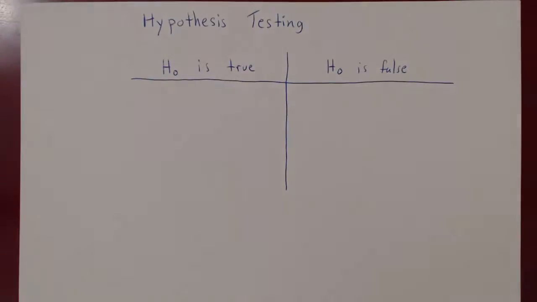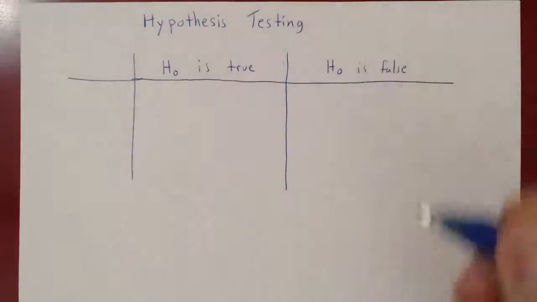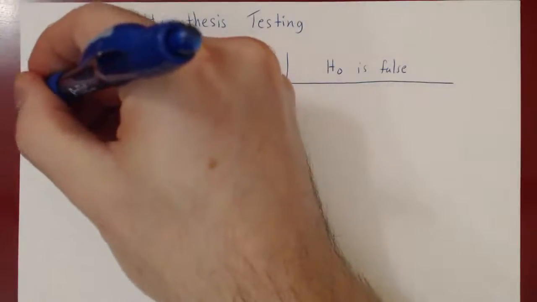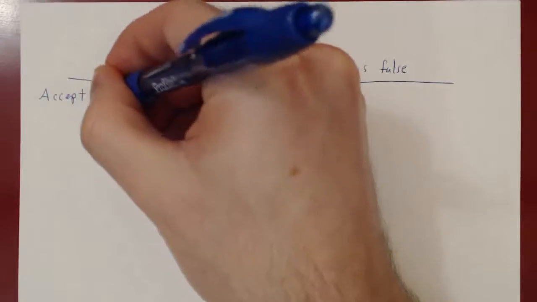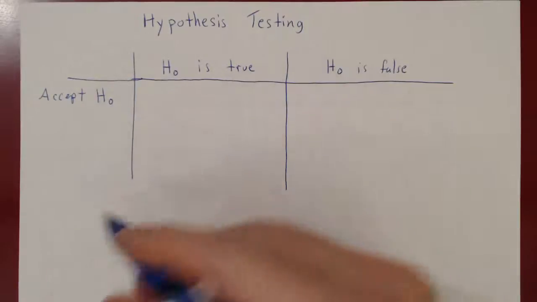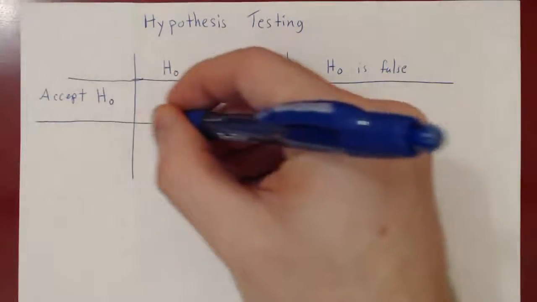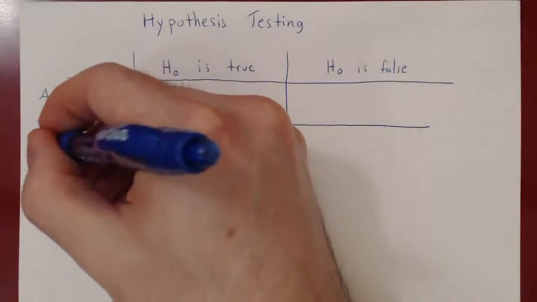We will decide to either accept H0 or reject it. So either we accept H0, so we accept the hypothesis of no change, the status quo hypothesis, or we will reject the status quo hypothesis.